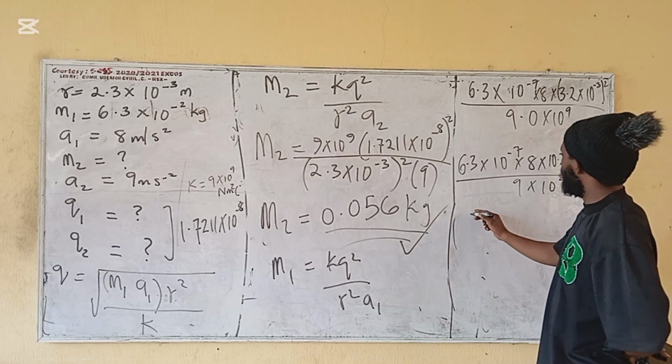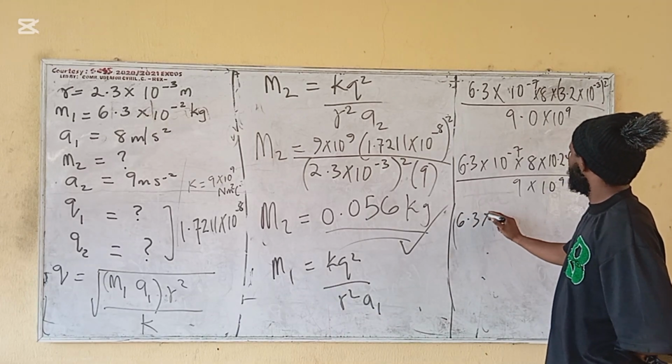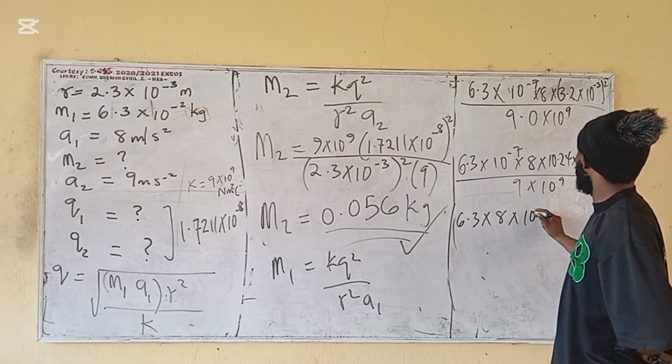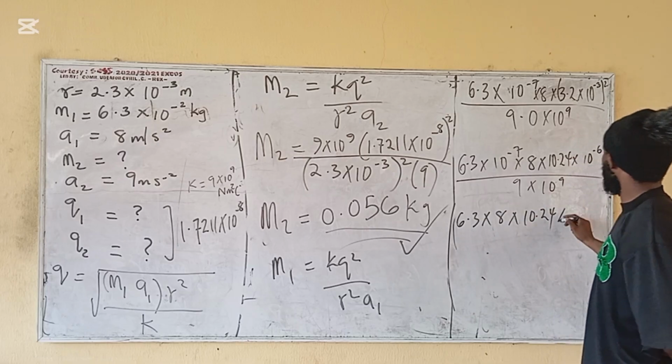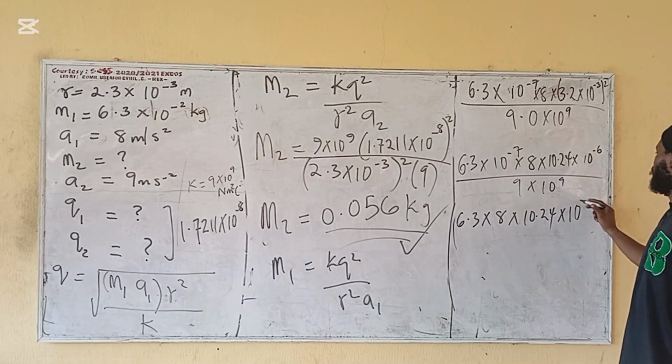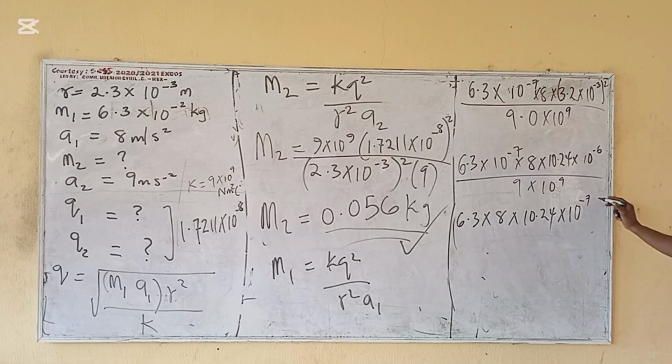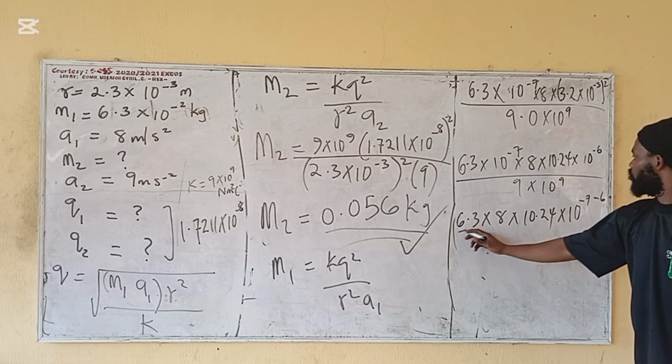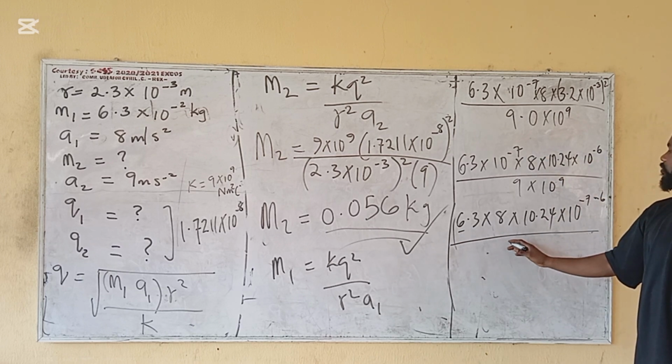Okay, let's just go ahead and do 6.3 times 8 times 10.24, then times 10 to the power minus 7, then plus minus 6, which is minus 13. So remember, we add the powers. I'm just adding up the powers, and since it's minus, it's minus.